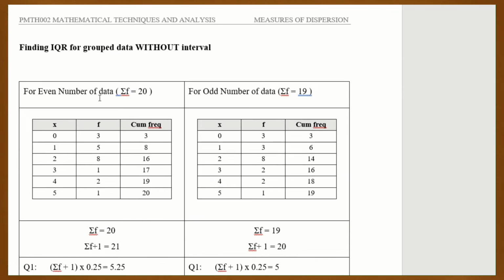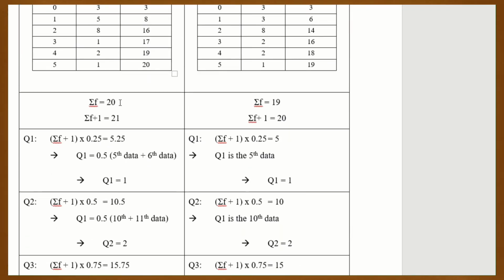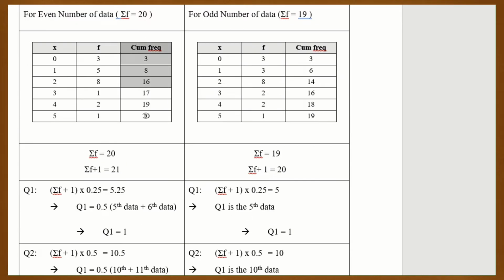Okay, same thing goes to group data without intervals now. The way you calculated your median, same method. Total frequency is 20, total frequency plus 1, you're going to use cumulative frequency.